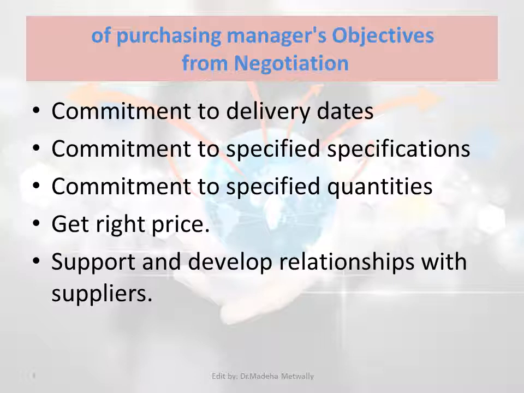What are the measures of purchasing objectives from negotiation? The purchasing or procurement manager negotiates to achieve the following objectives. First, commitment to delivery dates. It is imperative to negotiate the schedule and delivery dates of orders according to the production and manufacturing requirements.